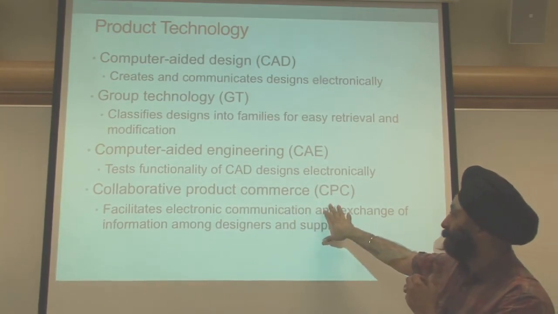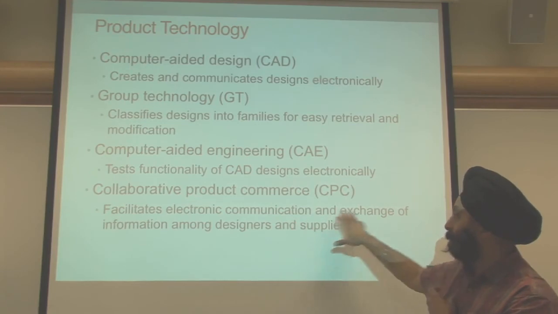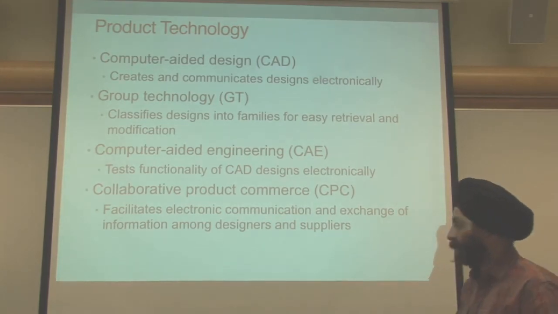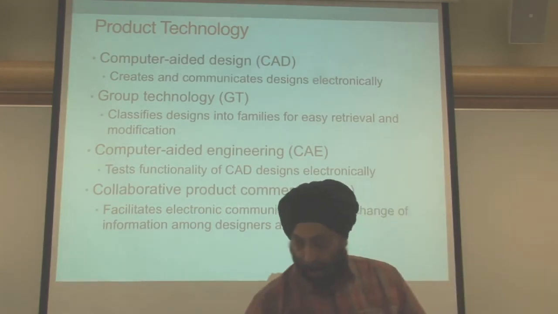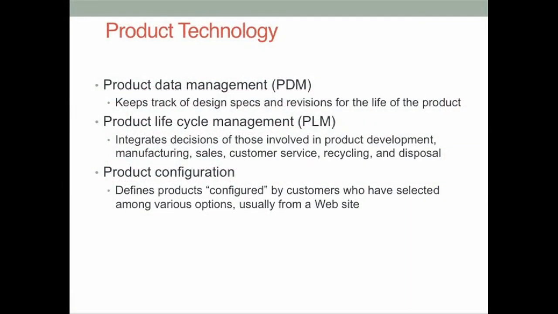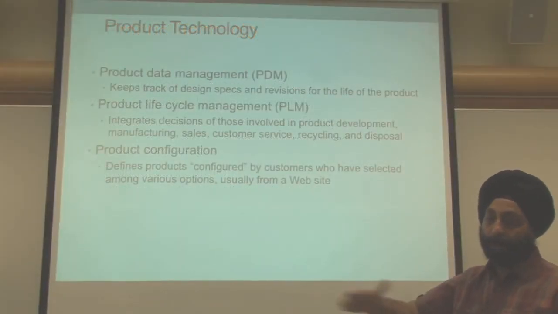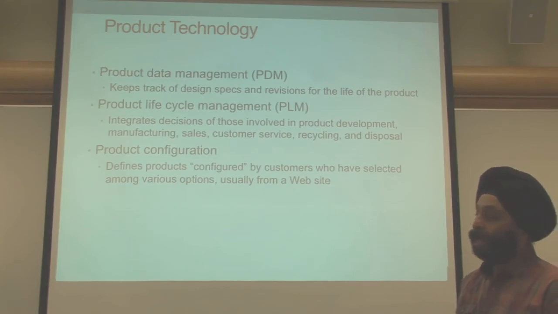Collaborative product commerce, CPC, facilitates electronic communication and exchange of information among designers and suppliers. Then you have product data management, which keeps track of design specs and revisions for the life of the product and shows how product design has changed over time.